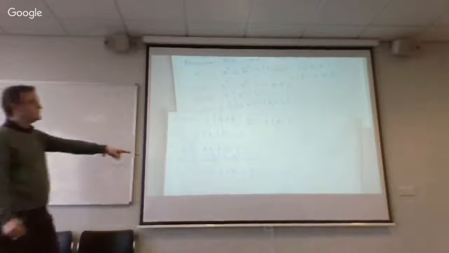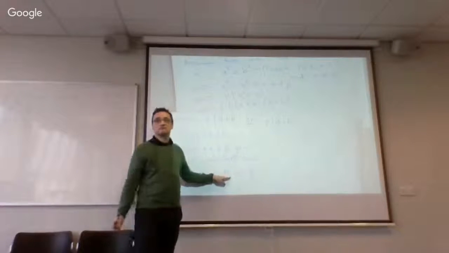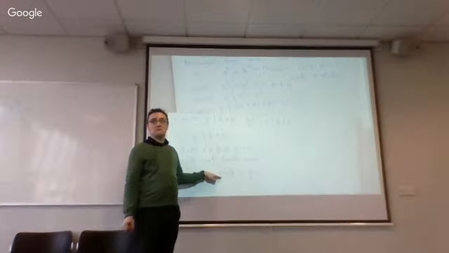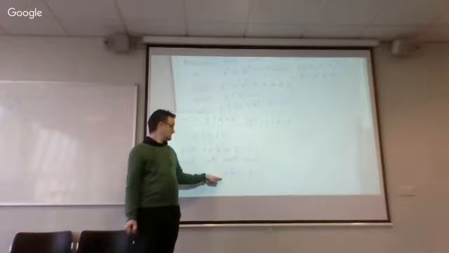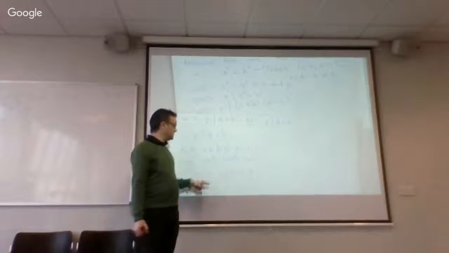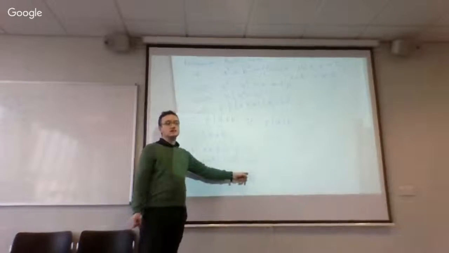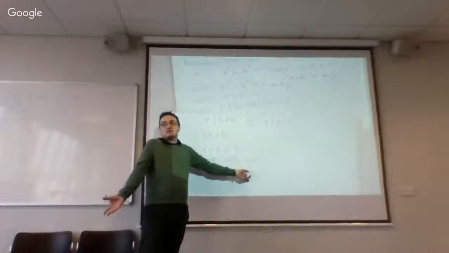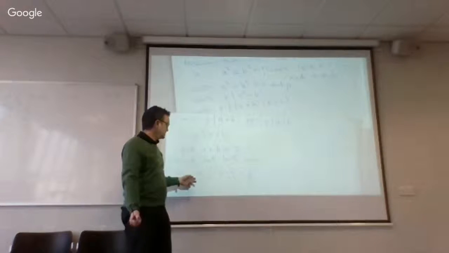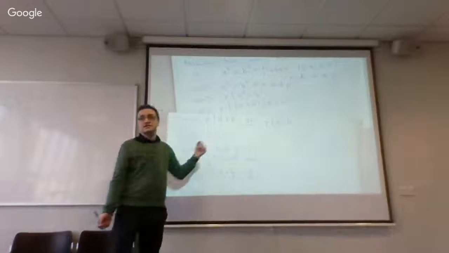So can p divide such a number? No. There isn't any multiple of p strictly between 0 and p, because p is the very first multiple of p that there is. So p cannot divide the sum, certainly.